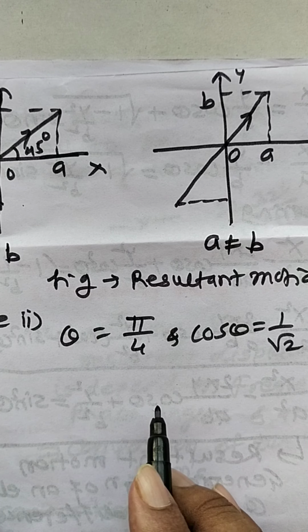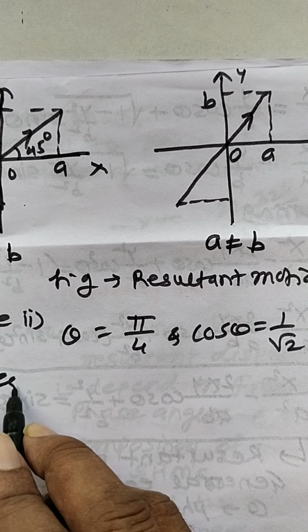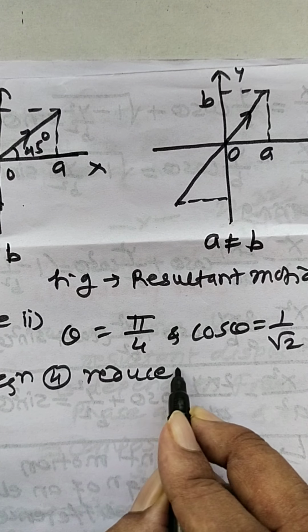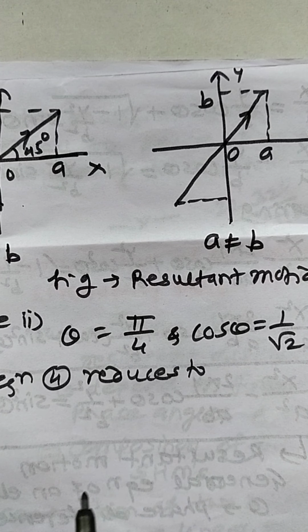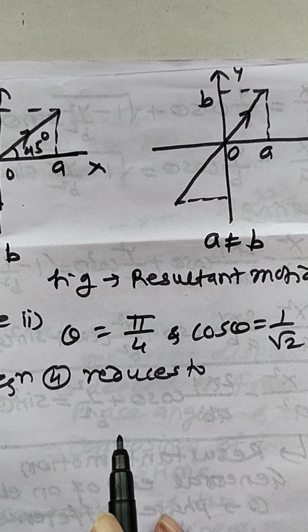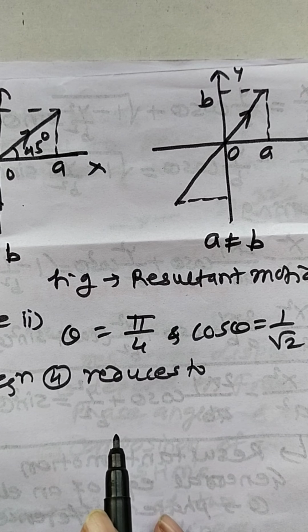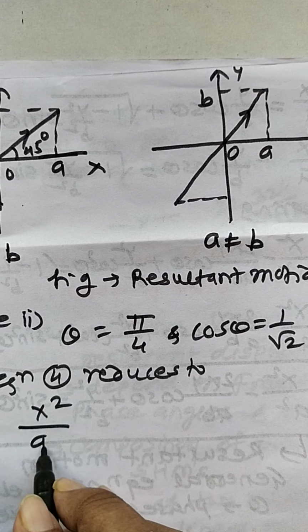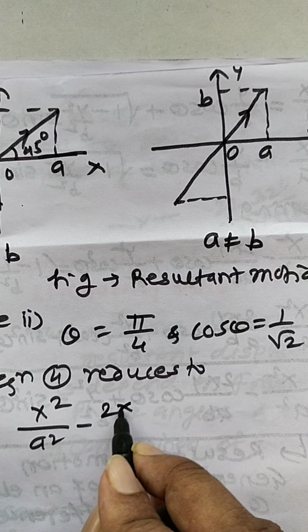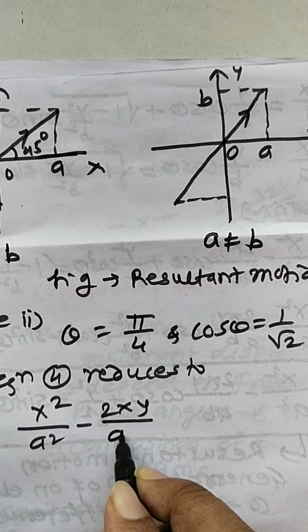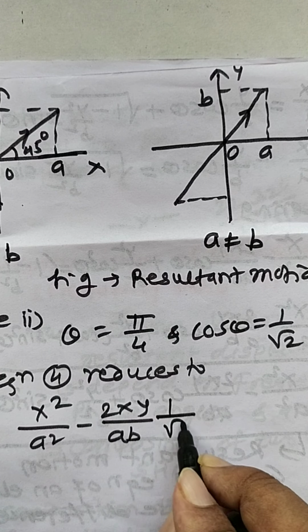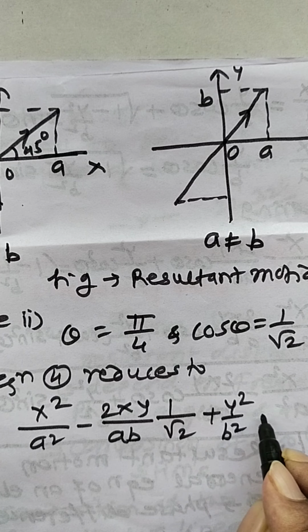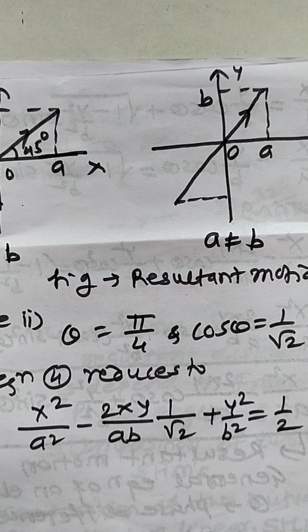So therefore equation 4 reduces to x square upon a square minus 2xy upon ab into 1 upon root 2 plus y square upon b square is equal to 1/2.